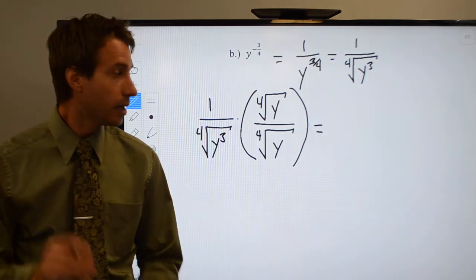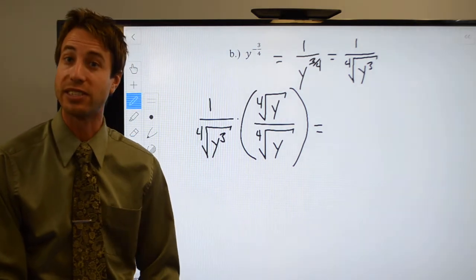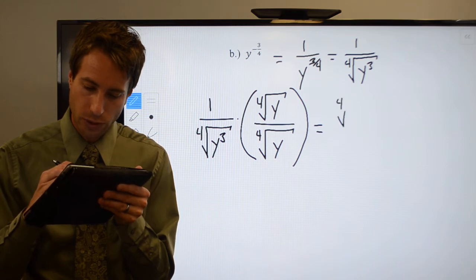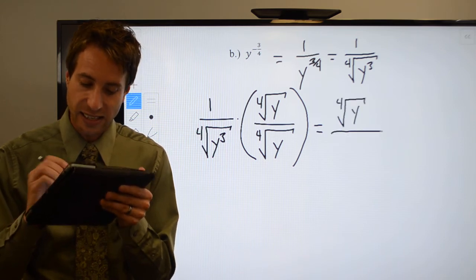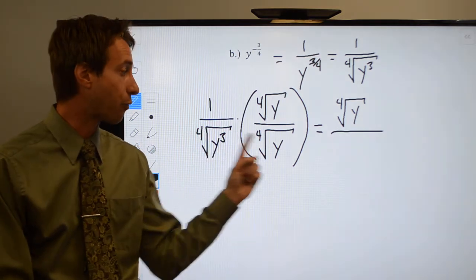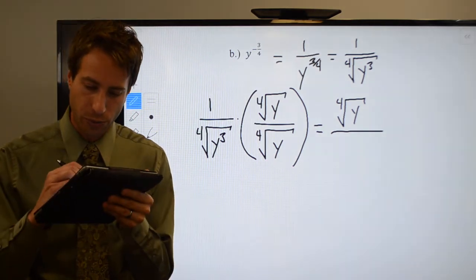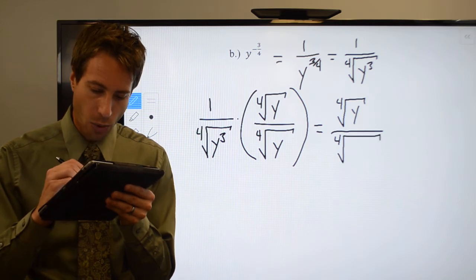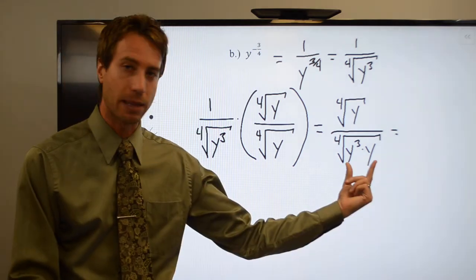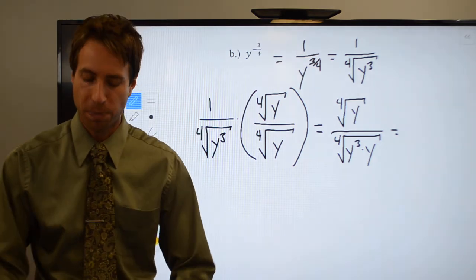Now we multiply the numerators and multiply the denominators. 1 times the fourth root of y is just the fourth root of y. In the denominator, since I have a fourth root in both, the radicands will all go under a fourth root. I have a y cubed and a y, but whenever you multiply and the bases are the same, you add the exponents. 3 plus 1 is 4.